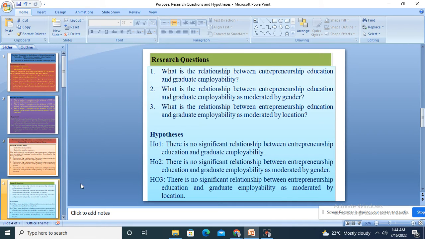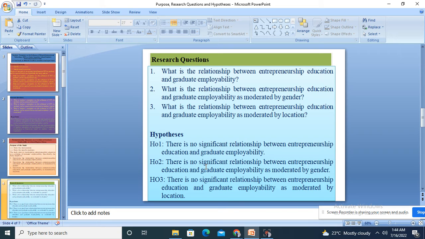And thirdly, what is the relationship between entrepreneurship education and graduate employability as moderated by location? You can see that you still have it like your purpose, but now it is not more to determine or to ascertain. No, this is what is, then you have to end with a question mark.